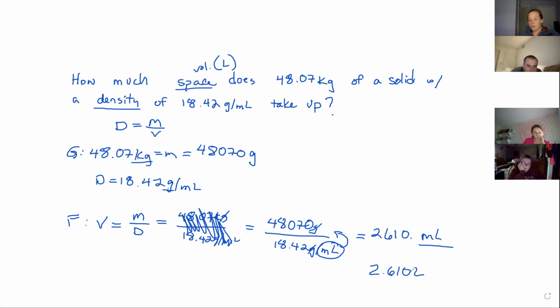Isn't a very big volume, right? 2.5 liters roughly. So it's not a huge amount of space. Why isn't it that big of a space? Because this thing is like super dense, right? So a decent amount of kilograms of it isn't going to take up a huge space. Questions on that or on density and how to solve density problems?